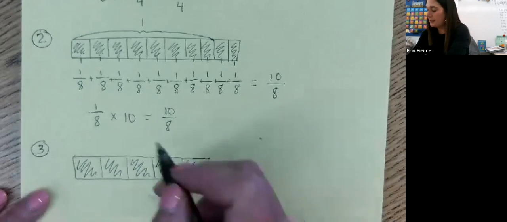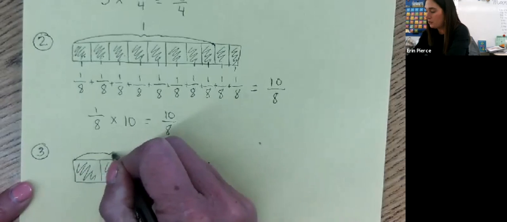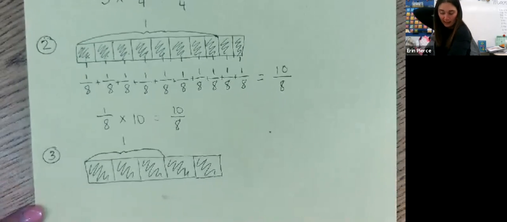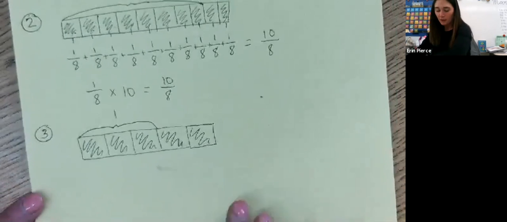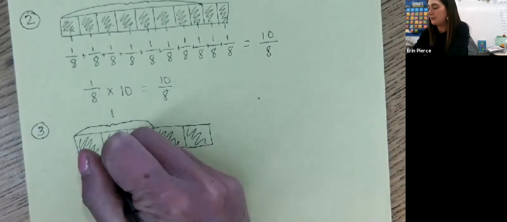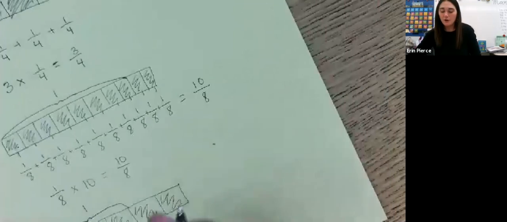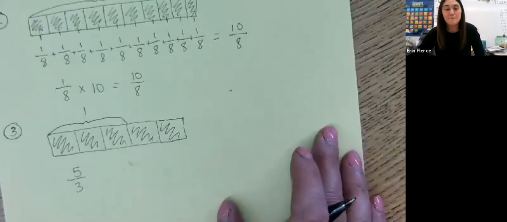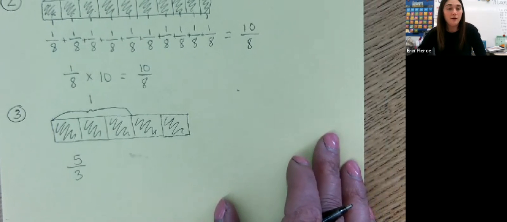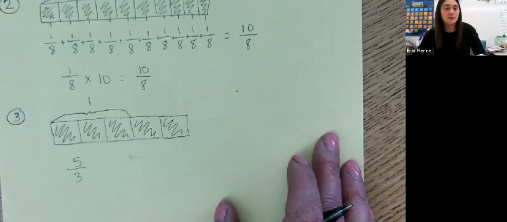And I'm going to stop my one whole at the 3rd square because I'm showing thirds. So right now we have 5/3. How could I write it in an expression of unit fractions?